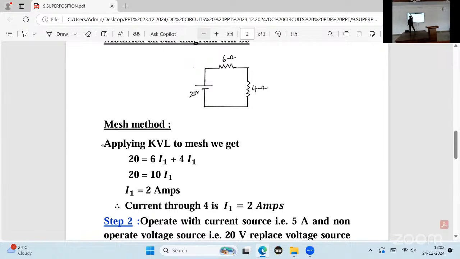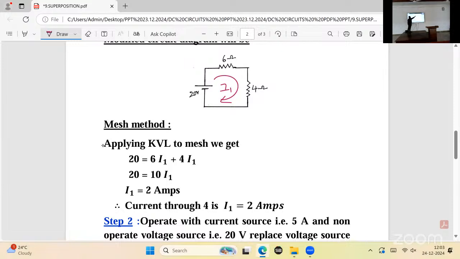Yesterday we have discussed the mesh method. Clockwise direction assumption, the unknown current is I1. Applying KVL to the mesh, we get plus 20 equals 6 into I1 plus 4 into I1.